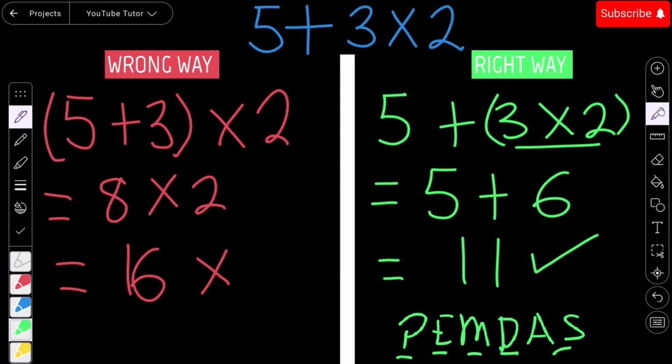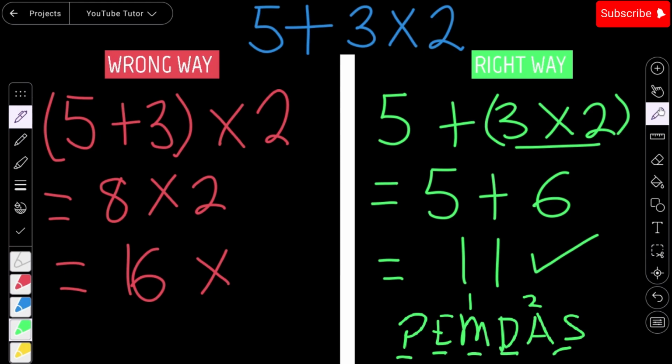That is an order of operation in which we calculate this type of question. So in the first one, the reason why we had it wrong is because we took the addition part first. But you can see that multiplication comes first before addition follows. So this right way follows the order.